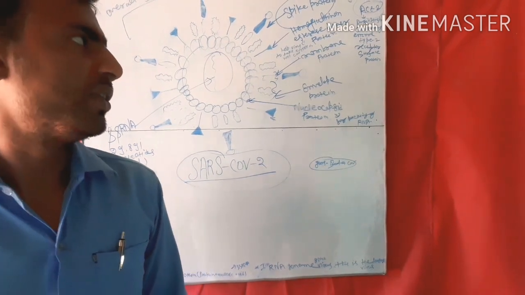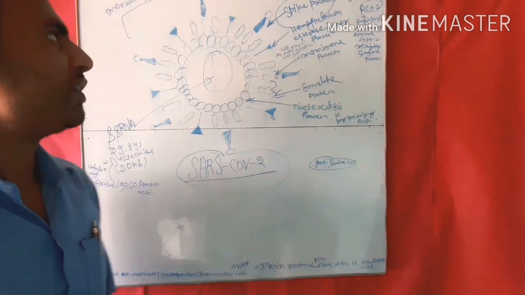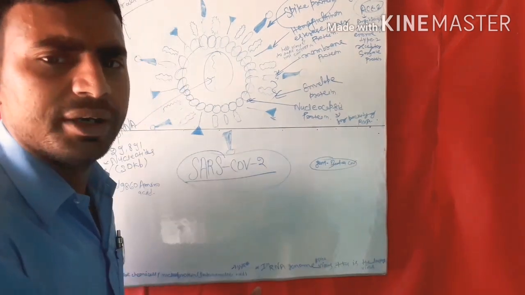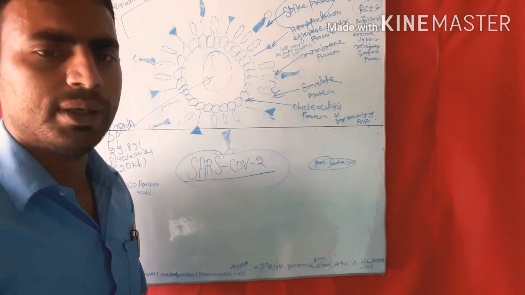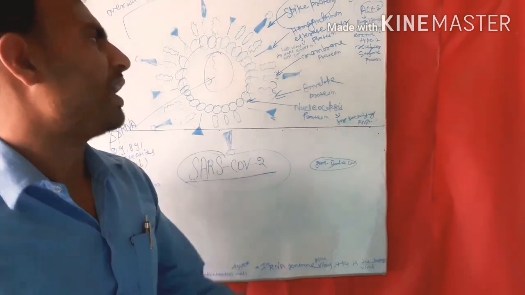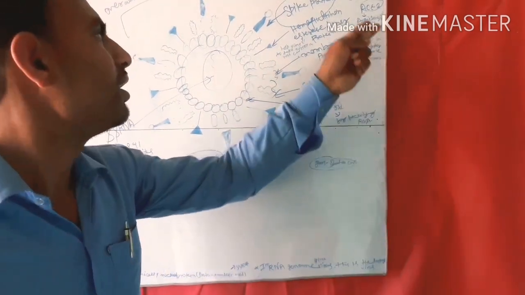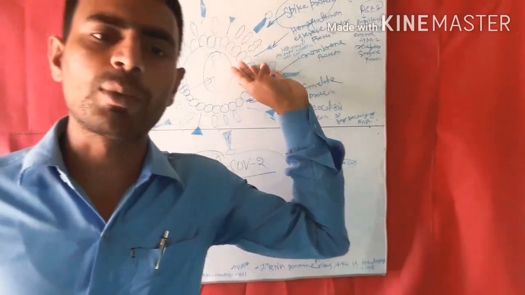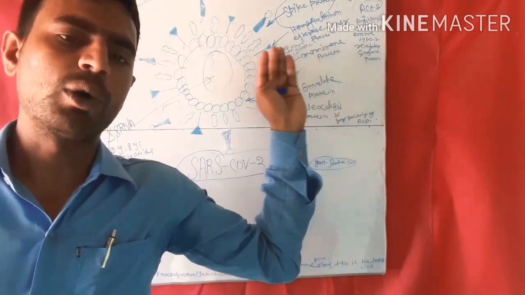Okay, so this is the knowledge about COVID-19. In the next classes we will take up the ratio of affecting people and how people are affected. Here you know that from the virus side, the spike protein is responsible, and for the host cells from the human side, the ACE type 2 surface protein is responsible. When the spike protein attaches to ACE type 2, humans are affected by this virus.